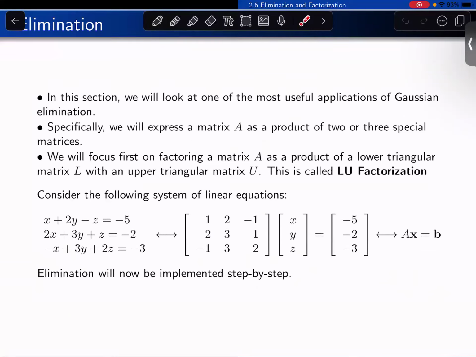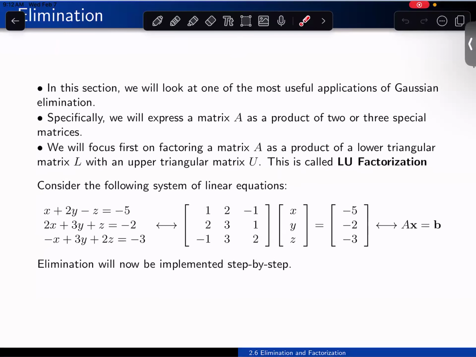We're going to be using elimination matrices to get an upper triangular matrix, and then we're going to use those elimination matrices to get a lower triangular matrix. And then we'll be able to write A as a product of those two things. So it's doing exactly what we've been doing, except there's one more step at the end, kind of like with invertible matrices. It will be clearer when we actually work through an example.